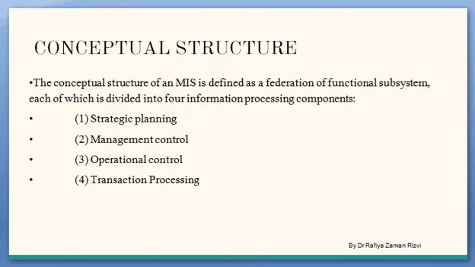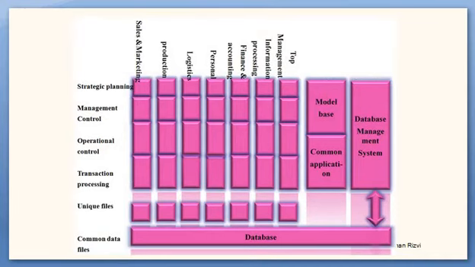Then we saw that the conceptual structure is made up of four components, that is the strategic planning, management control, operational control and transaction processing. Okay, this is the model that represents the MIS structure, the flow of data in the MIS structure.